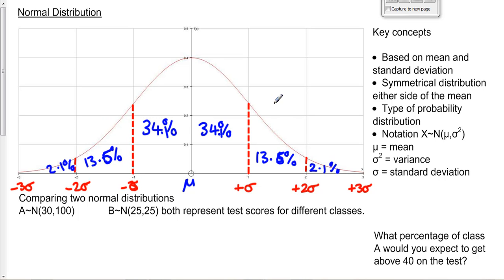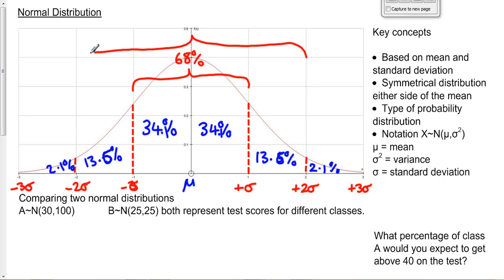When you add these all up together, what you'll realise is that these are approximated to having 68% of the data expected to be between 1 standard deviation above and below. If you go to 2 standard deviations above or below, roughly it's 95%, and you can see where this has been rounded down.